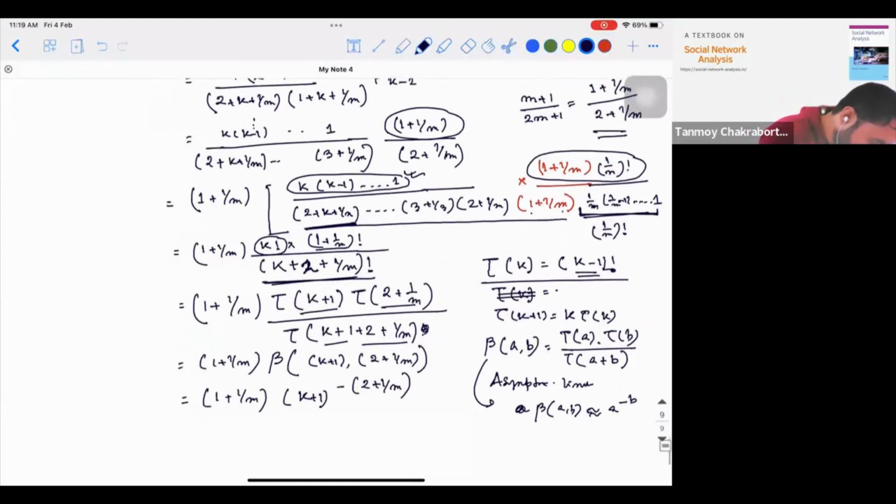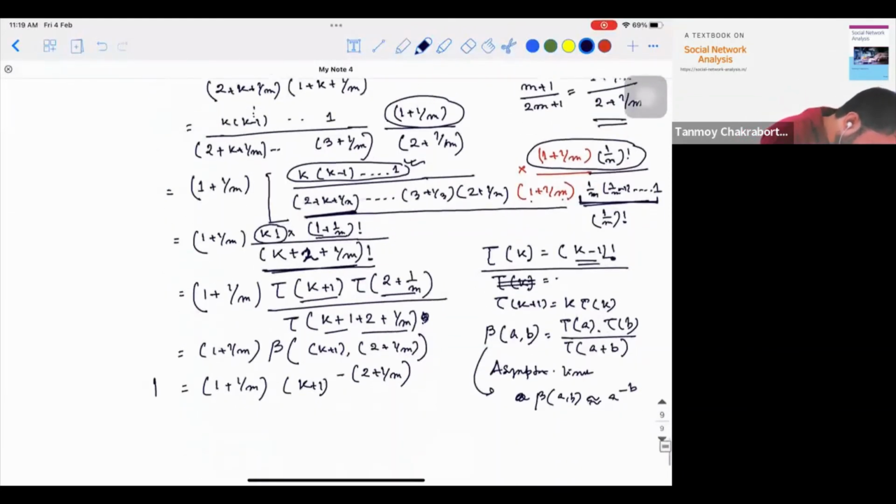So we have derived that pk is proportional to k to the power minus 2 plus 1 by m, which is a power law, right? It looks a little tricky, but you should appreciate the way it was derived.